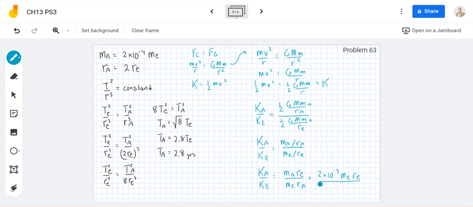And I know that the radius of the asteroid, and so all the variables cancel, and I'm left with, I'll write it over here, 2 times 10 to the negative 4 divided by 2. There's the ratio.